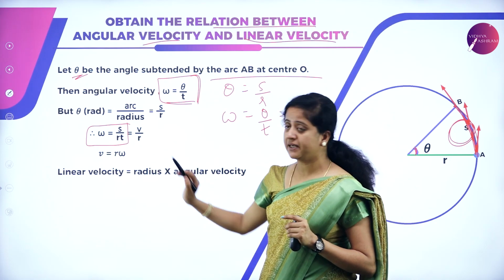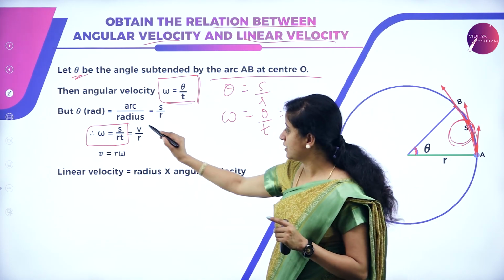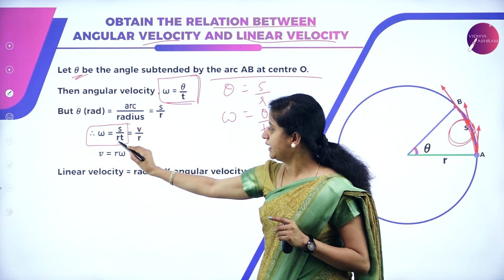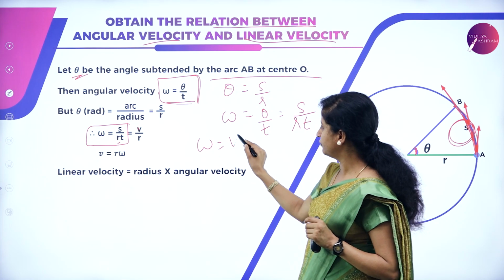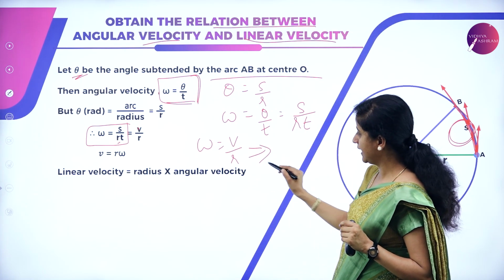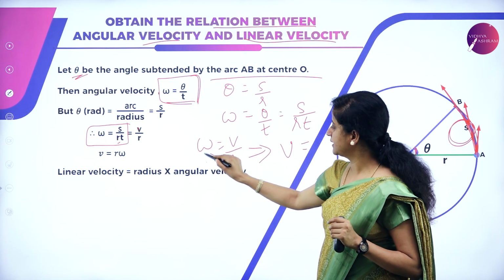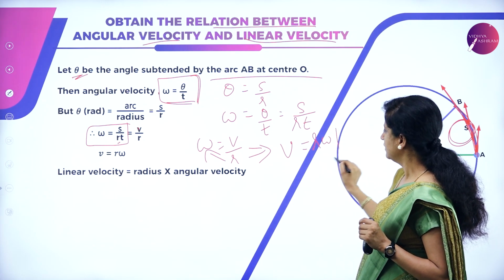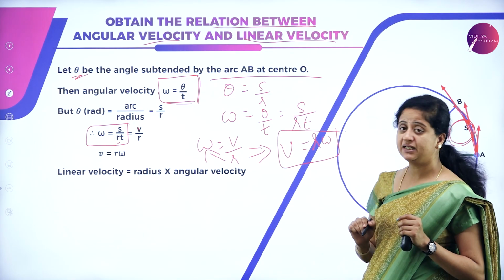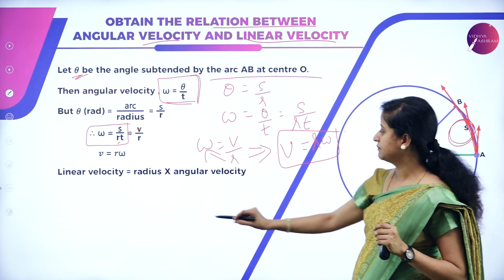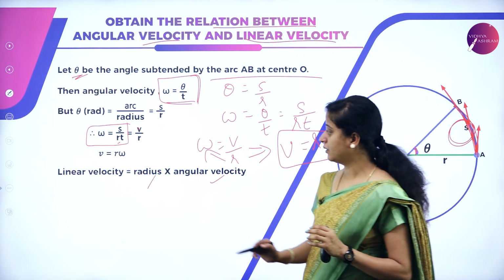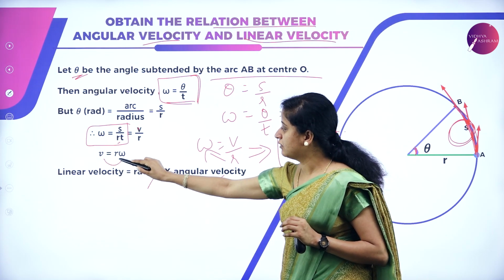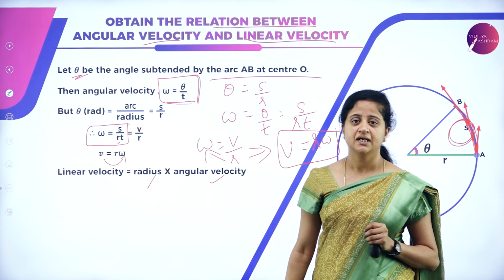So s divided by t is velocity, and I write v divided by r. Now we have omega is equal to v by r, or we can write v is equal to r omega, where v is the linear velocity, r is the radius, and omega is the angular velocity. This is how linear velocity and angular velocity are related to each other.